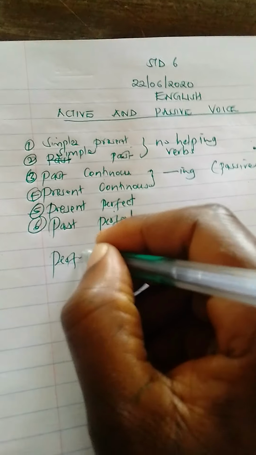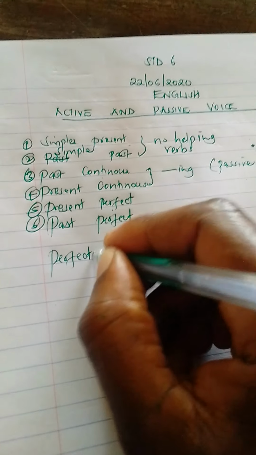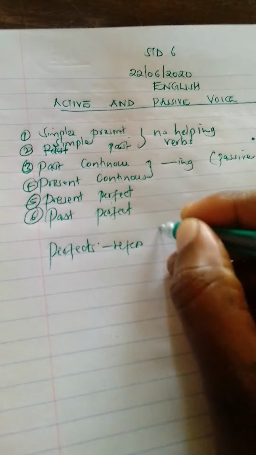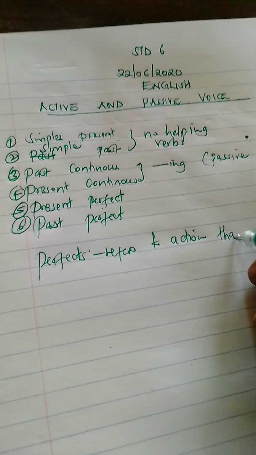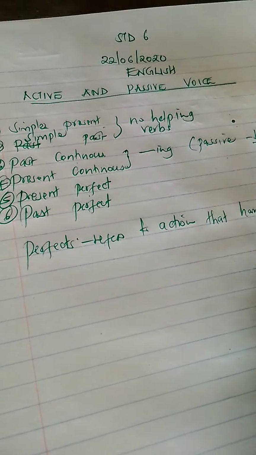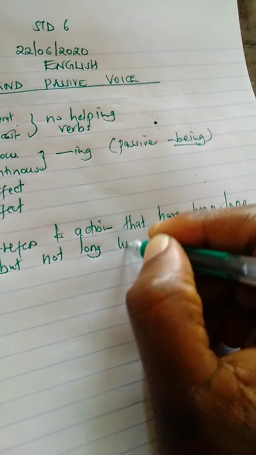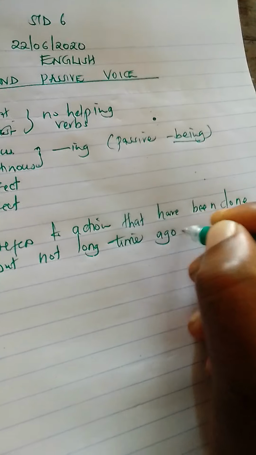What are perfects? Perfects refer to actions that have been done but not a long time ago.